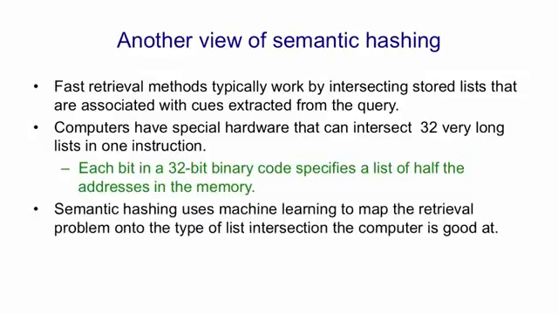So we can think of semantic hashing as a way of using machine learning to map the retrieval problem onto the type of list intersection the computer's good at. As long as our 32 bits correspond to meaningful properties of documents or images, then we can find similar ones very fast with no search at all.